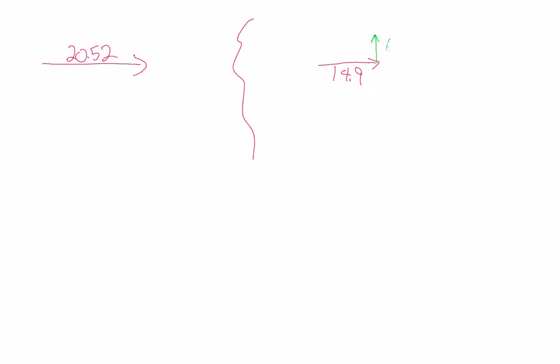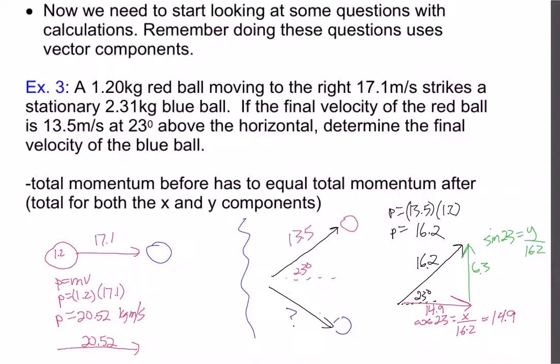So that was our final red ball's vectors. The only other thing we had left was to calculate the blue ball. We estimated the blue ball would go downwards at some sort of angle, and it doesn't really matter. You can use some common sense to estimate it, but we don't have to get it exact. The math will sort of take care of itself.